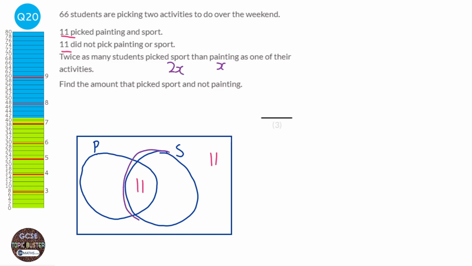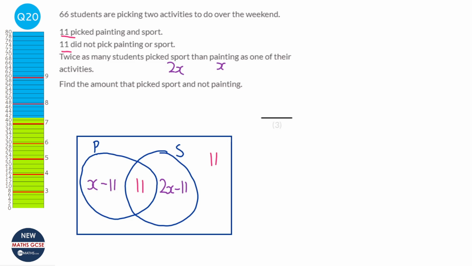But if you look, we've already got a number in the sport, that 11 there. So in algebra, this will be 2X, take away the 11 that we already know about. And the painting is the same. We know the whole thing is X, so we're just going to take away the bit we know there, which is the 11, and it will be X minus 11.